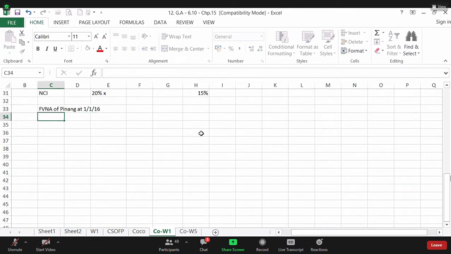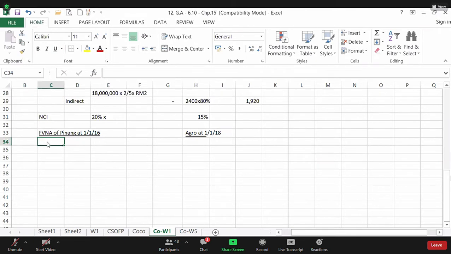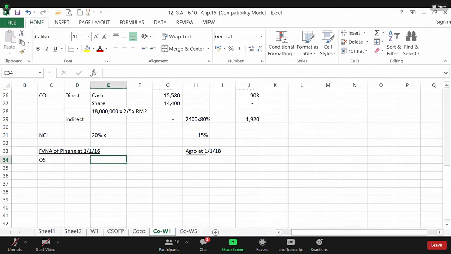And Agro at 1st January 18. So we have OS. Just take from the books. How much is your OS?